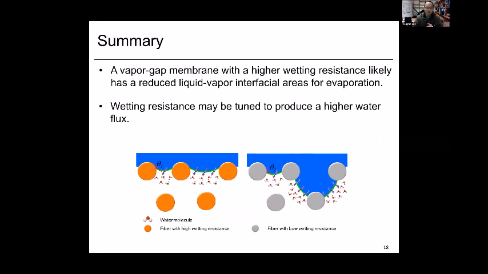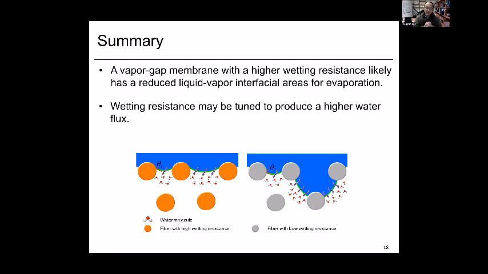So just to summarize this first part, of course it is essential to have a highly wetting-resistant membrane for membrane distillation applications. But a vapor gap membrane that has high wetting resistance likely has a reduced liquid-vapor interfacial area, so the water vapor flux will likely be reduced.